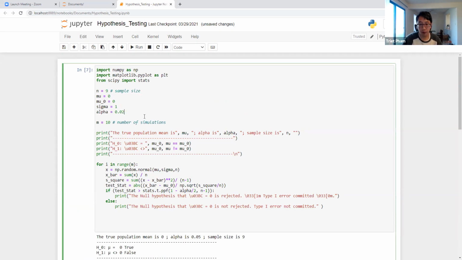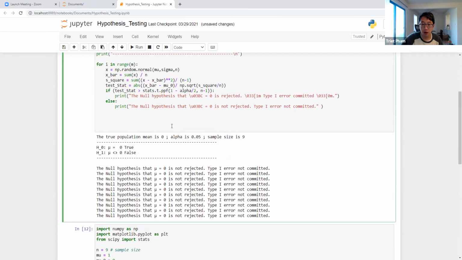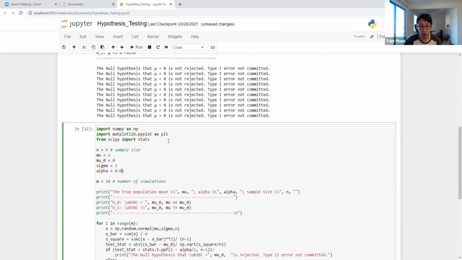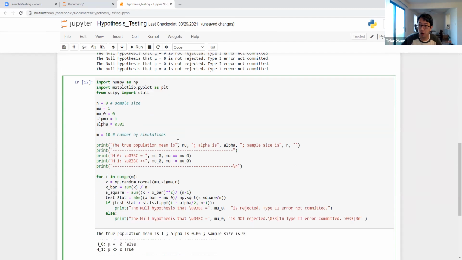If I make alpha 0.01, the anticipation is that there will be less type 1 error committed here. Let's see if that is true. See, now type 1 error is committed way less often in the 10 samples that I look at, because alpha is more restrictive. But if I make alpha 0.01 here, what do you think?